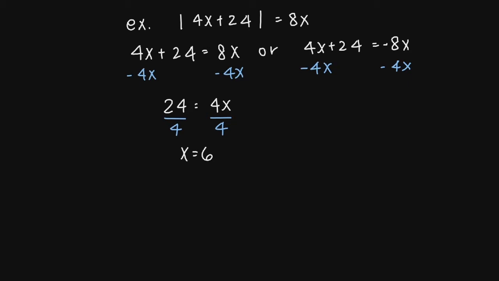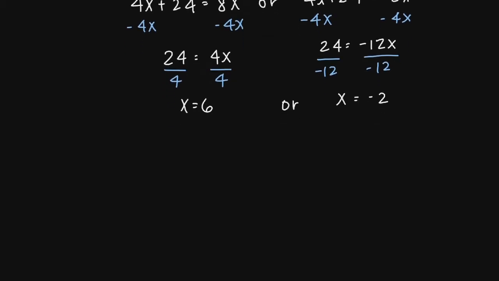Okay, and then on the right hand side, we get 24 equals negative 12x. And then to get x by itself, we have to divide by negative 12. So x equals negative 2. So now we have to check that both answers work.